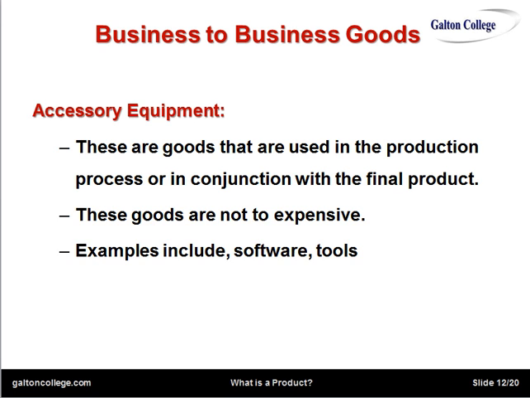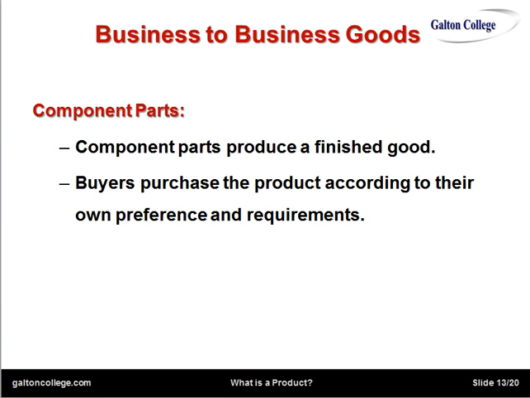And continuing to business goods, we have component parts. Component parts, these produce a final good. Buyers purchase the product according to their own preferences and requirements, but there are components perhaps, and the components could be outsourced to a different company. So the final product is made up from different components. It doesn't mean that the business made all of the components. They could have bought in the components from somewhere else.